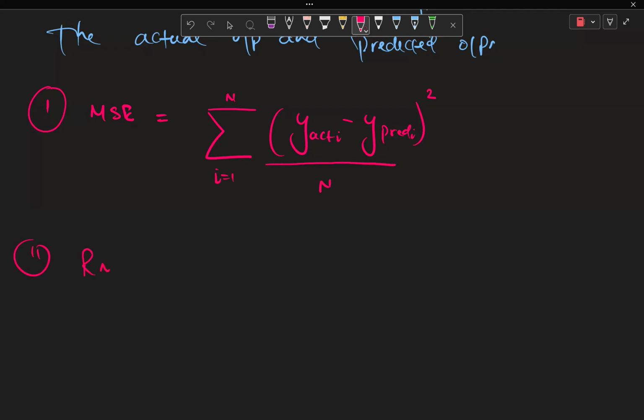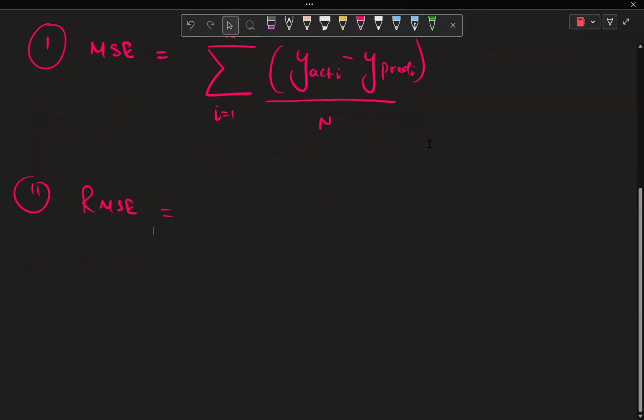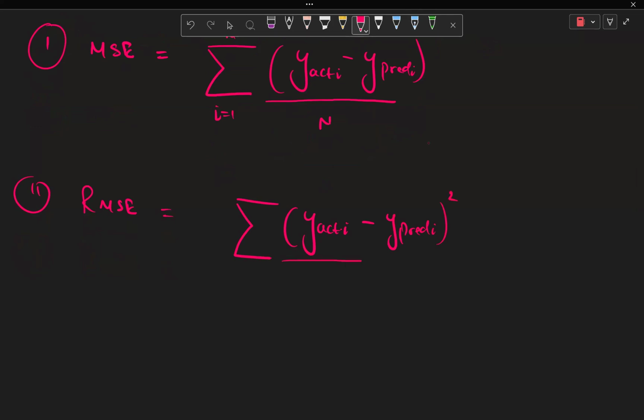Then you have RMSE, which stands for root mean square error. The same thing but with a square root, that is, y actual i minus y predicted i, squared, to the power 1 by 2, summed from 1 to n.